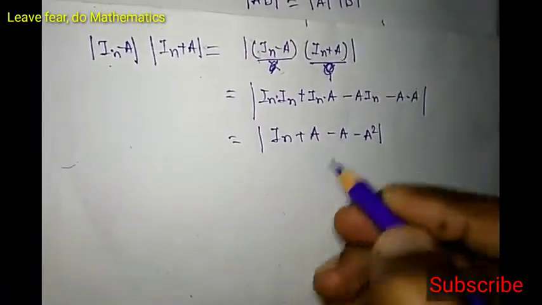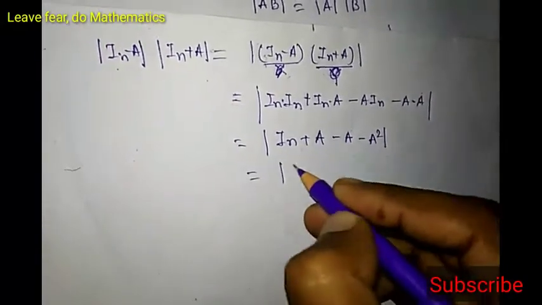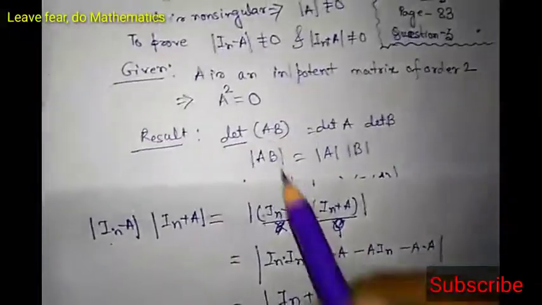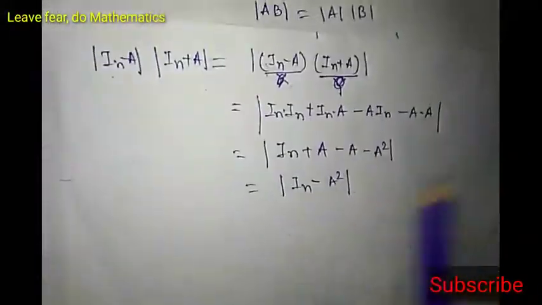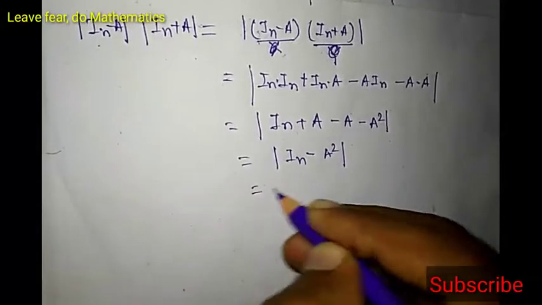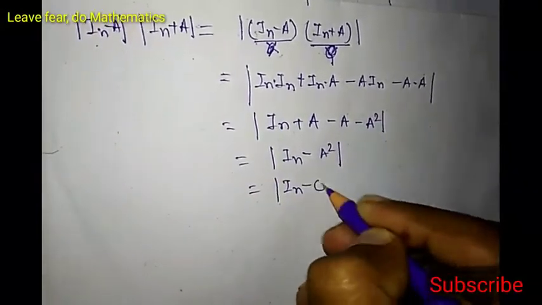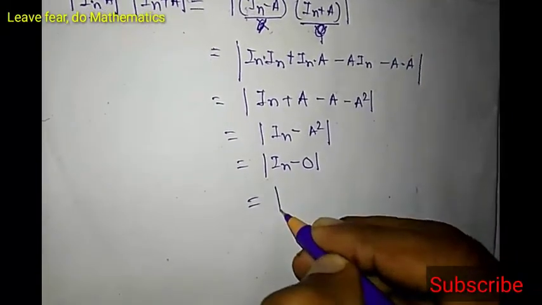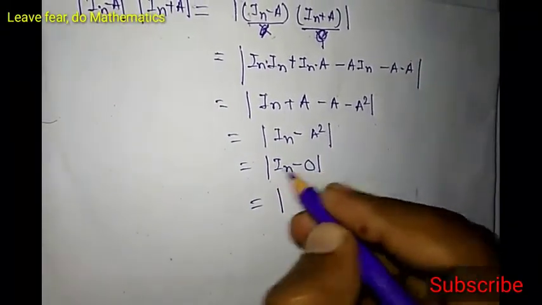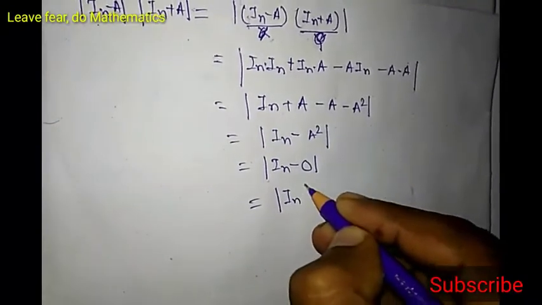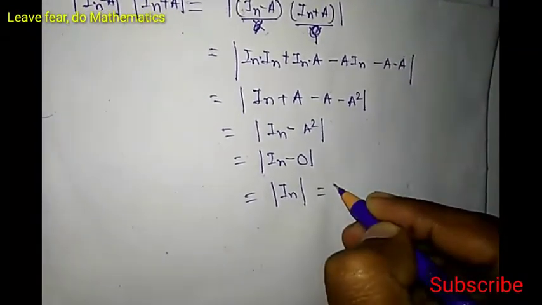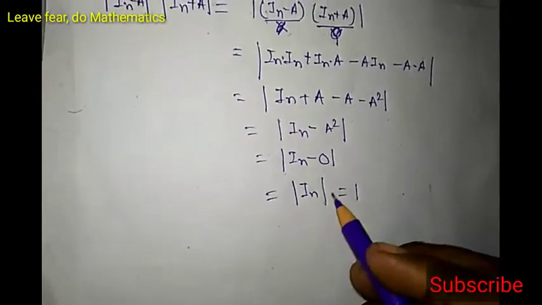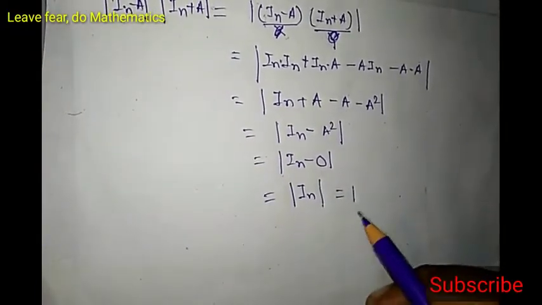Now plus A minus A cancels out, then we have In minus A square. Now again we have in our hand that A square is the 0 matrix. Then this det equals det of In minus the 0 matrix, and if we subtract the 0 matrix from any matrix, we get that matrix, that is, this will be det In, and det In is 1, because this is the identity matrix. All the diagonal elements are 1 and all other elements are 0, so the det will be 1.